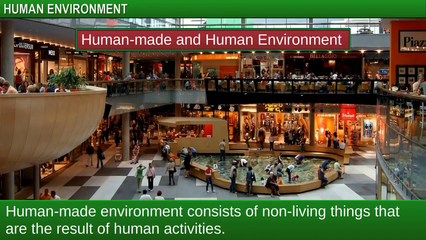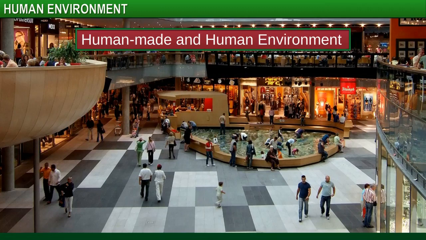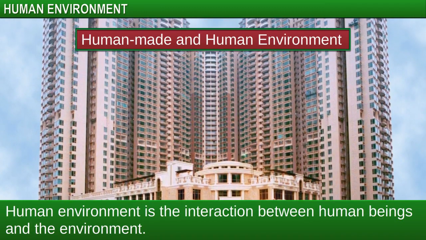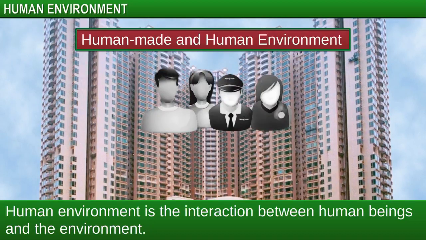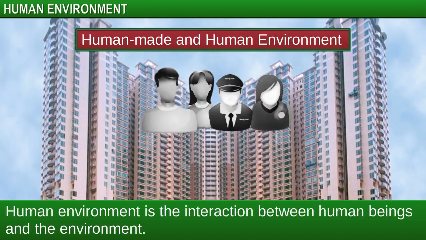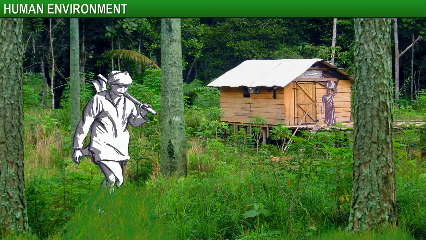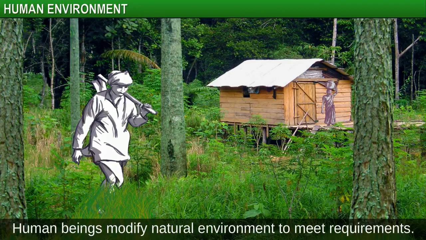The human environment, as you just learned, is the interaction between human beings and the environment. When human beings come in contact with the natural environment, they try to modify it to meet their requirements.